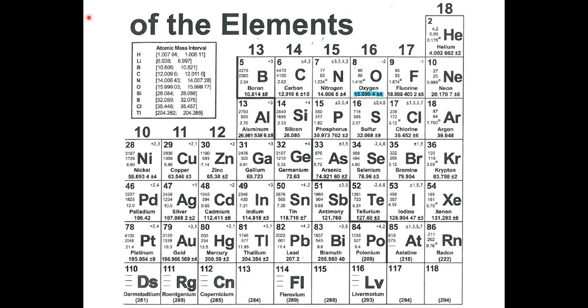Now, these uncertainties are not random errors, so it turns out that we can measure these fairly precisely. But the reason that there's some uncertainty is that the isotopic distribution of these elements is not the same everywhere you are on Earth. So some places, like here in Illinois, we might get some oxygen atoms, say from water that we've pulled out of a well that's connected to an aquifer deep in the ground.